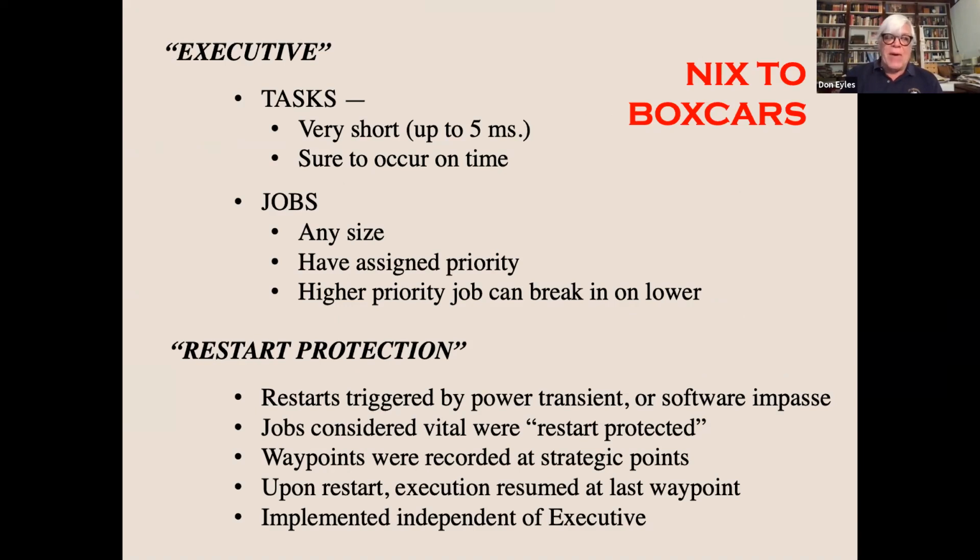Tasks, those were mandated to be very short in time, but they were sure to occur on time, within 100th of a second or so. And then there were jobs, which could be of any size, and they had a priority. They were assigned a priority when they were scheduled, and it could be changed. And higher priority jobs could break in on lower priority jobs.